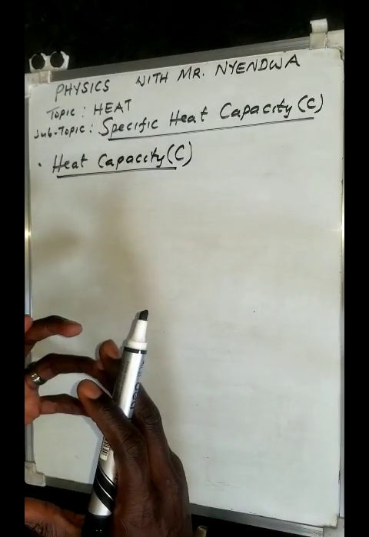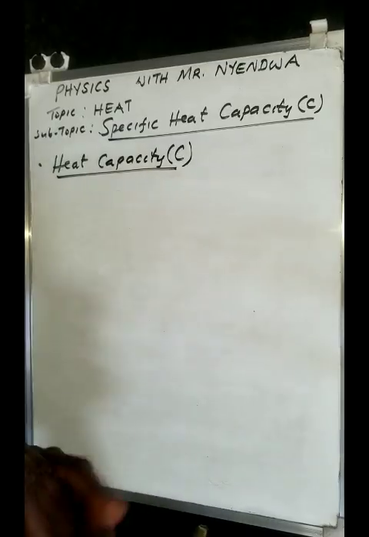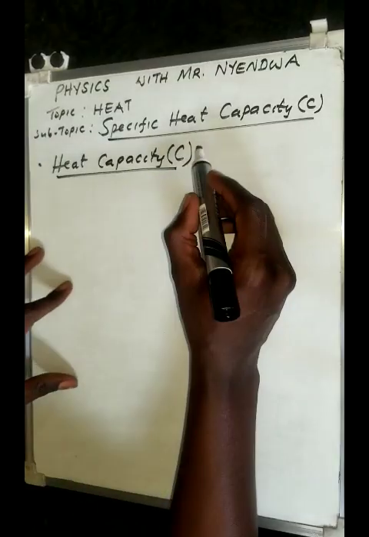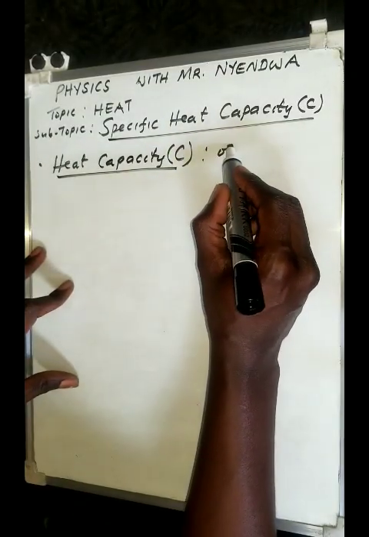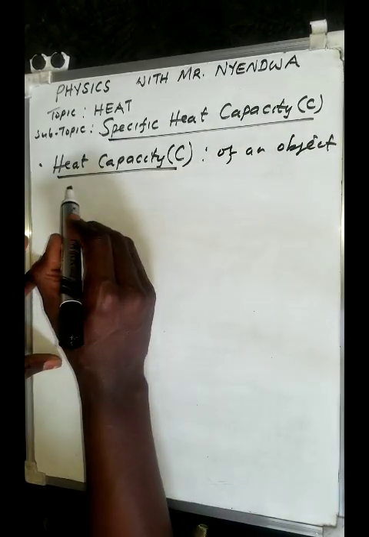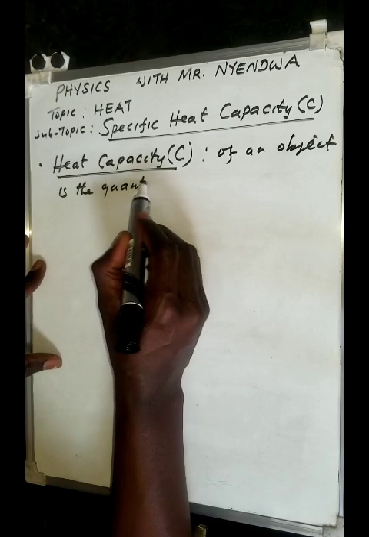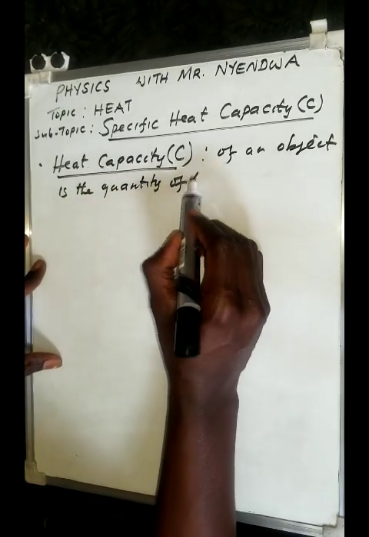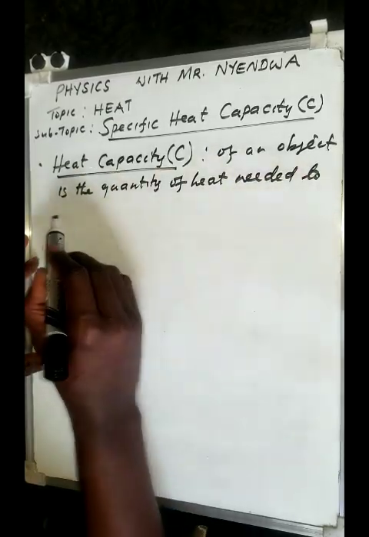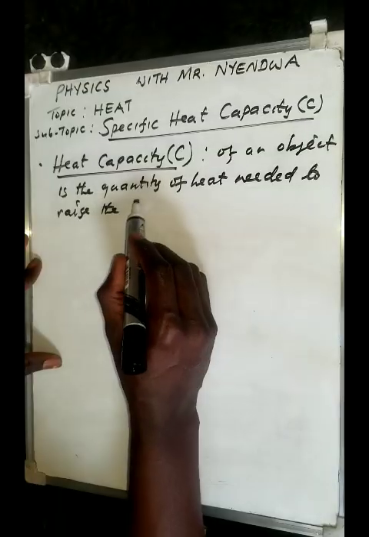So heat capacity of an object is simply the quantity of heat needed to raise the temperature of the object by 1 degree Celsius.